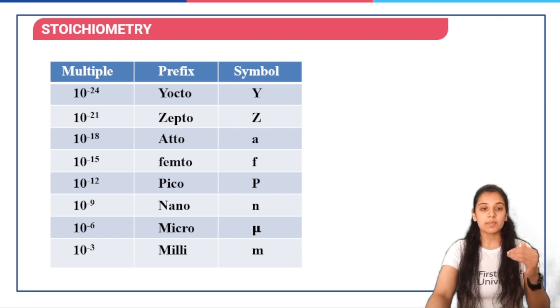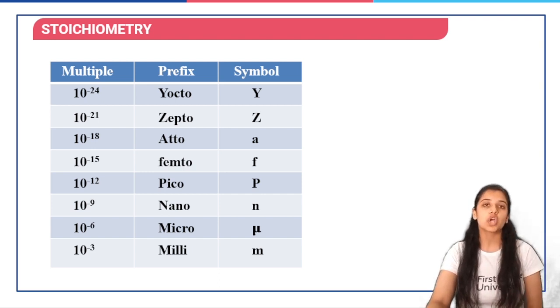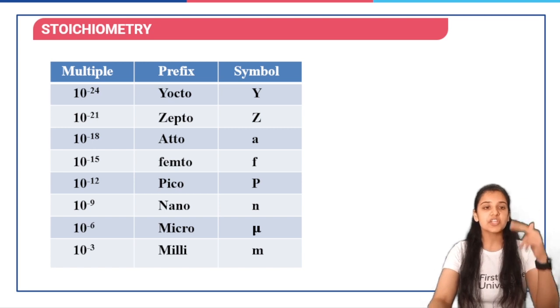So from 10 raised to power minus 3 to 10 raised to power minus 15 are the most commonly used ones. The first three ones are very rarely used, okay?